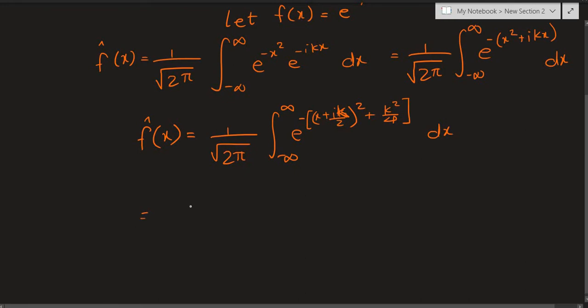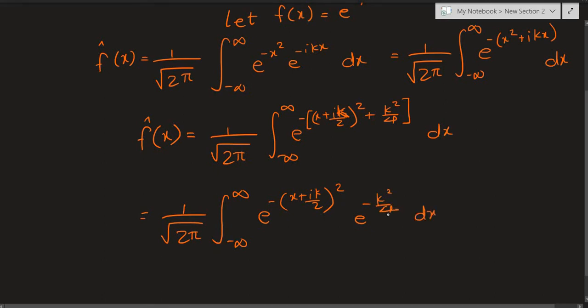So this can be written as 1 over square root of 2 pi times the integral from negative infinity to infinity of, well, using the properties of exponents, we can write this as e raised to negative x plus ik over 2 squared times e raised to negative k squared over 4 dx.